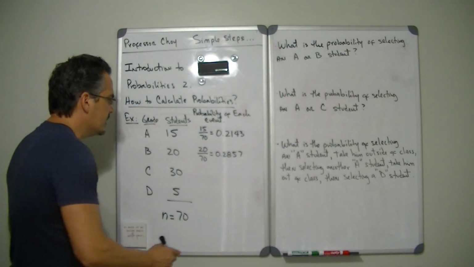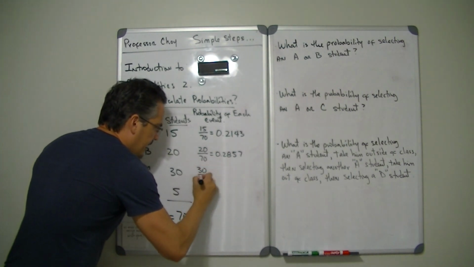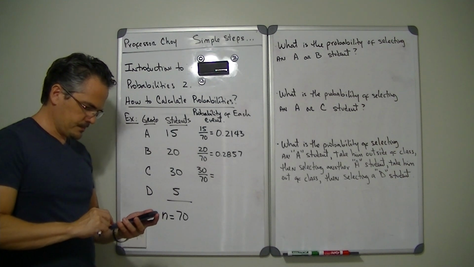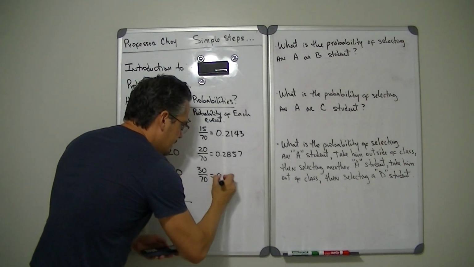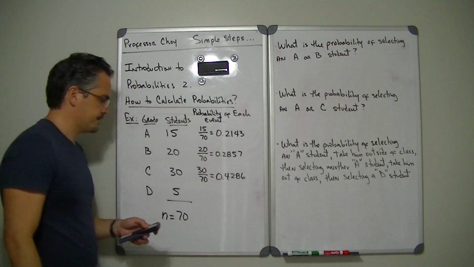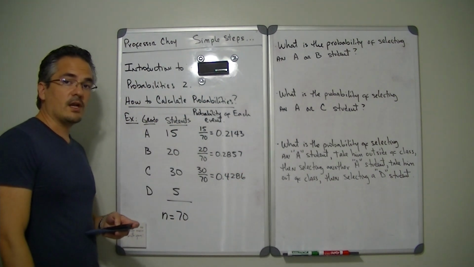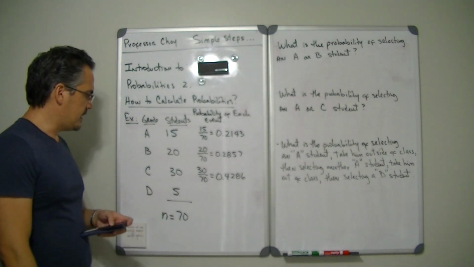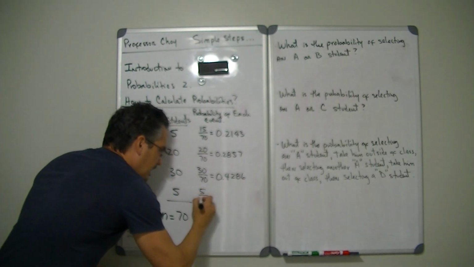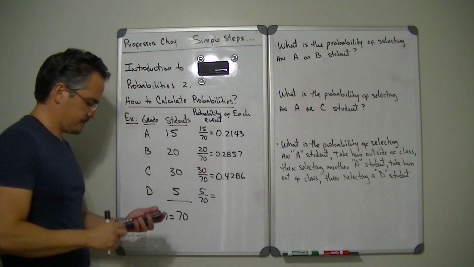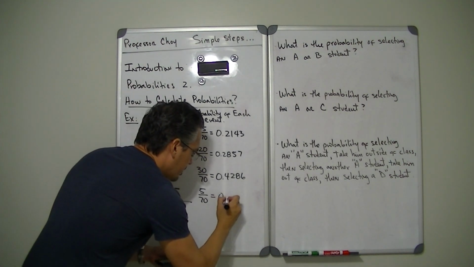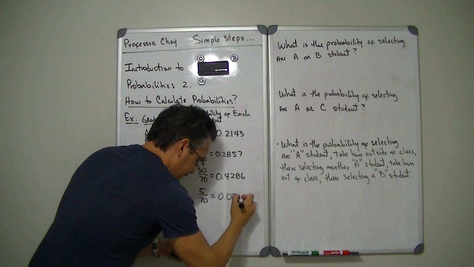Well, the probability is 30 out of 70, and that is 0.4286. And then finally, what is the probability that a student got a D? That is 5 out of 70, or 0.071.